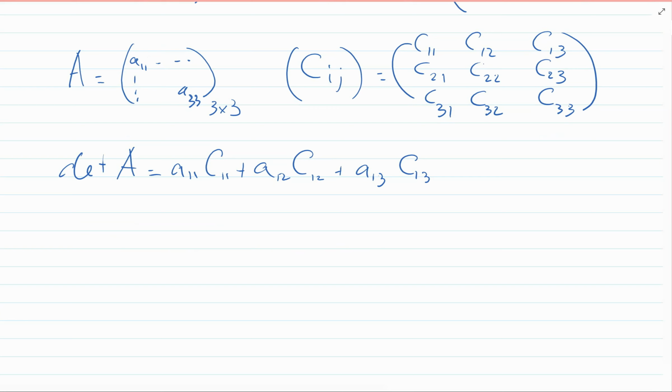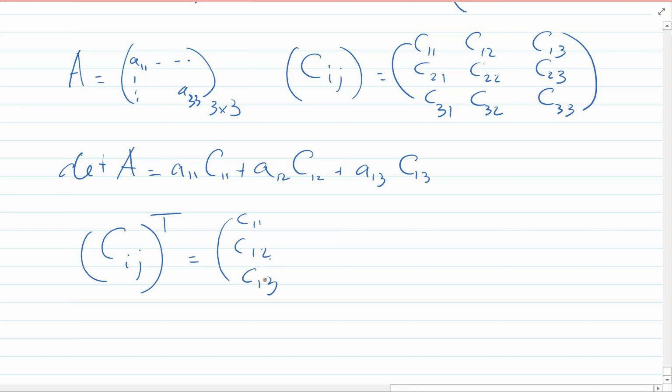Anyway, so now what happened? How do I generate this product from the matrix Cij? If I multiply A with the Cij, I will not generate this one. But if I take Cij transpose, then what do I get? I get C11, C12, C13, C21, C22, C23, and C31, C32, C33.